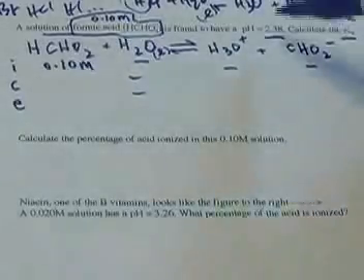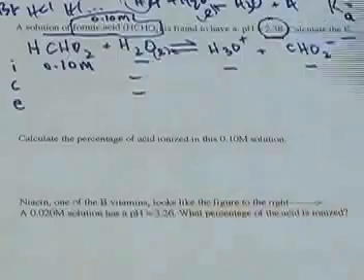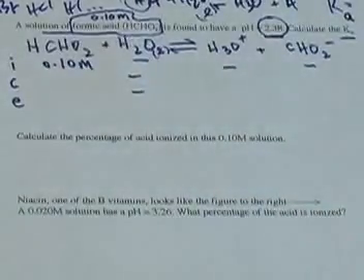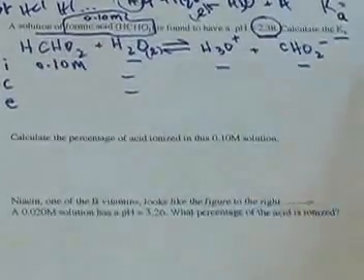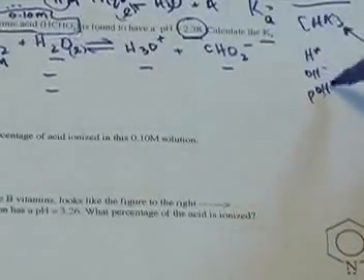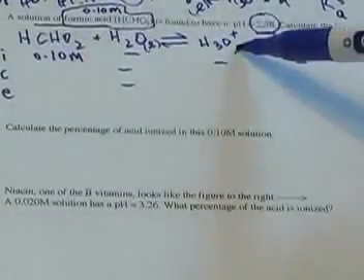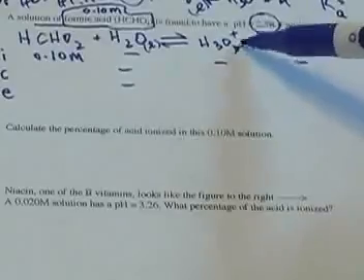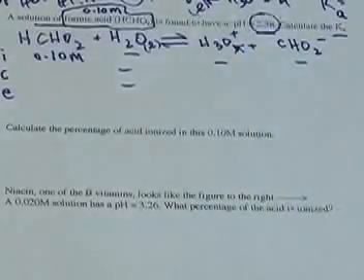Okay? Now it tells us that the pH is 2.38. And remember, from the pH we can find three different things. We can find the H+ ion concentration, we can find the OH- ion concentration, and we can find the pOH. The thing that would be valuable to us here, though, is to find the H+ ion concentration. Because remember, H+ ion concentration and H3O+ ion concentration are the same thing.